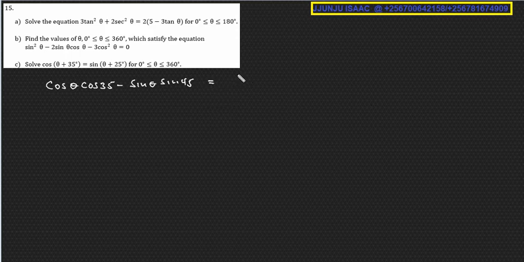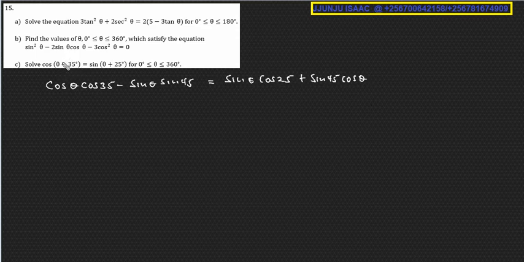equal to, we shall get sine theta cos 25, then plus sine 45 cos theta. The expansion of these compound trigonometric ratios for sine and cos is the one I have employed here.